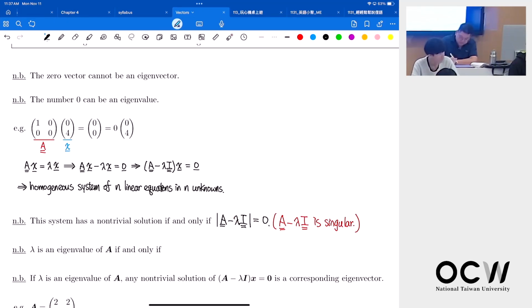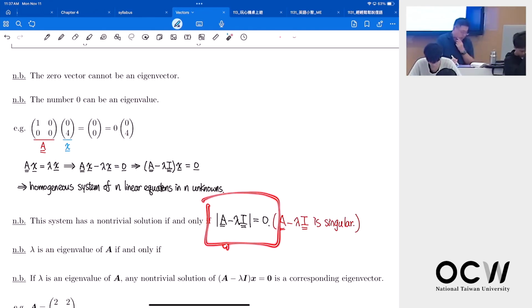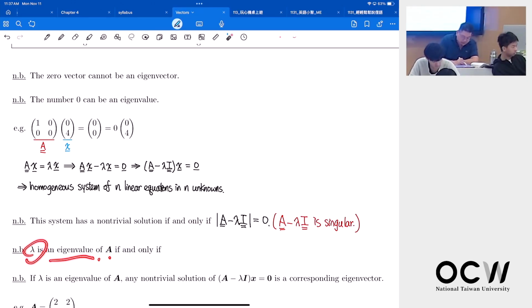Very important. This will be your characteristic equation. Lambda is an eigenvalue of A if the determinant is 0.